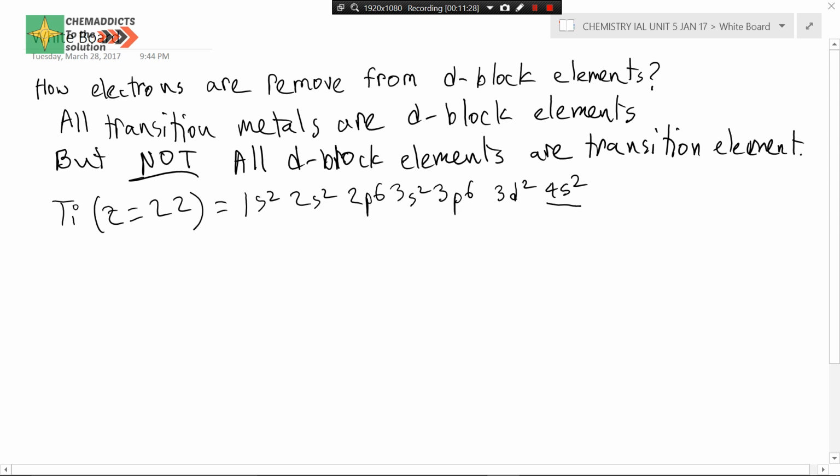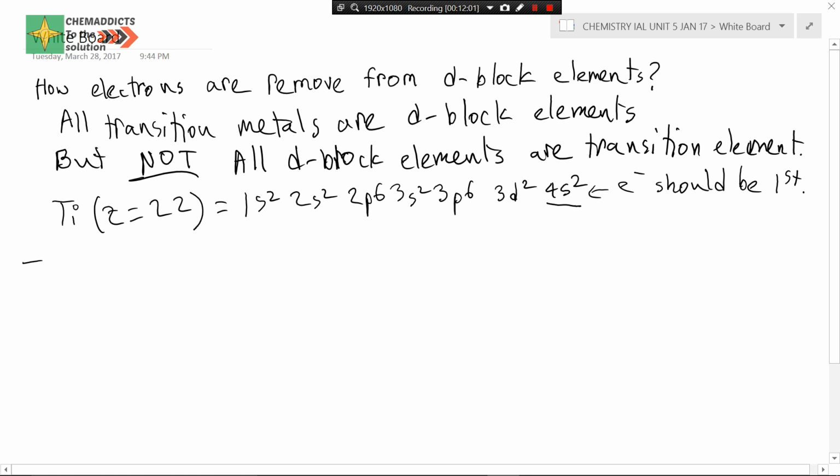Before removing 3d electrons, all 4s electrons should be removed. These 4s electrons should be removed first.